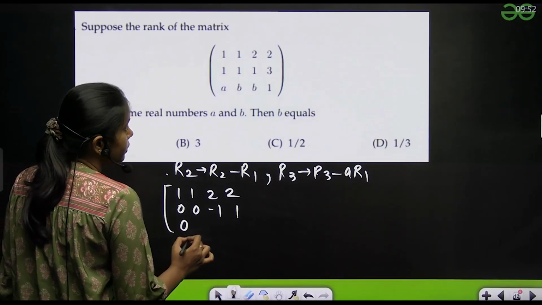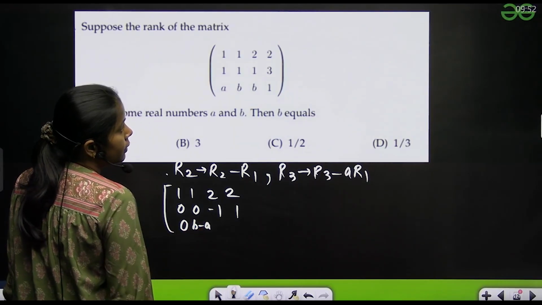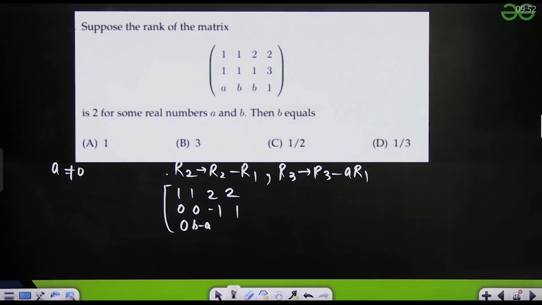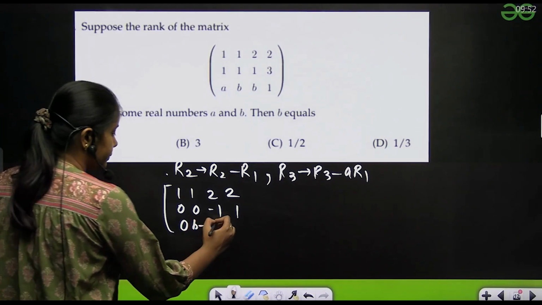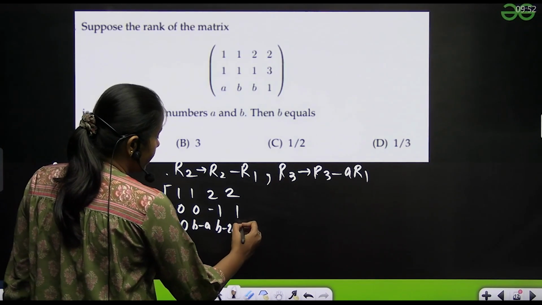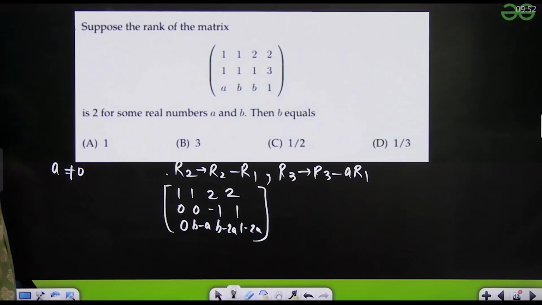This would be 0, this would be B minus A, and this would be B minus 2A, and then again 1 minus 2A. This is the matrix I get after row reduction.